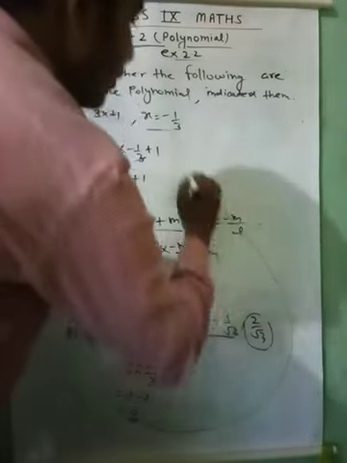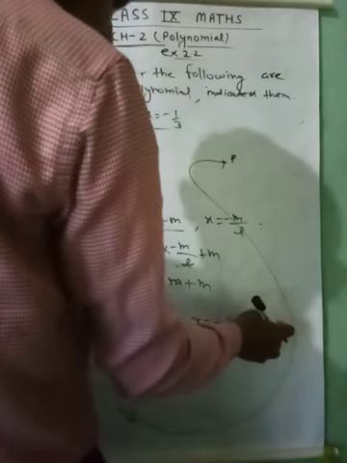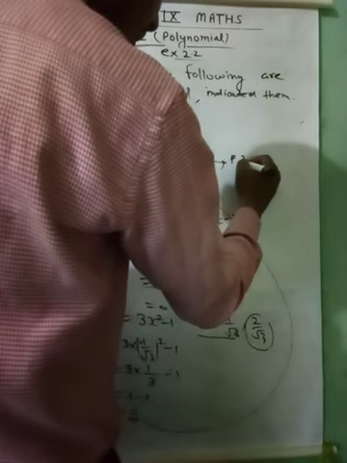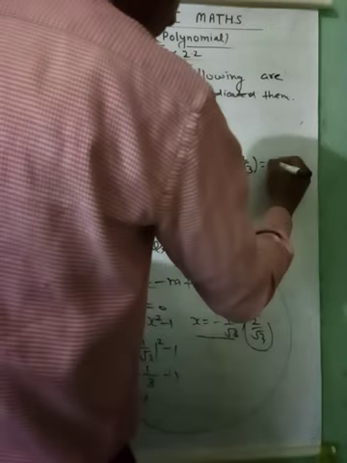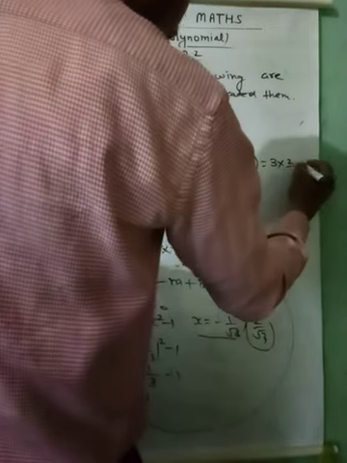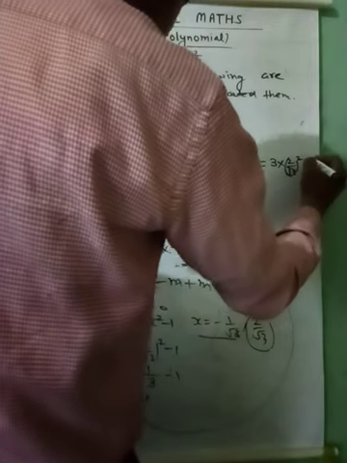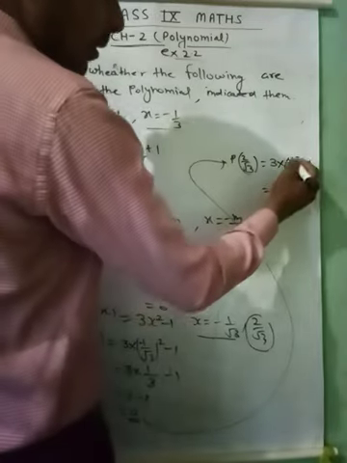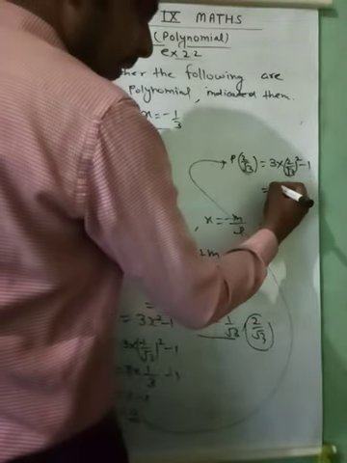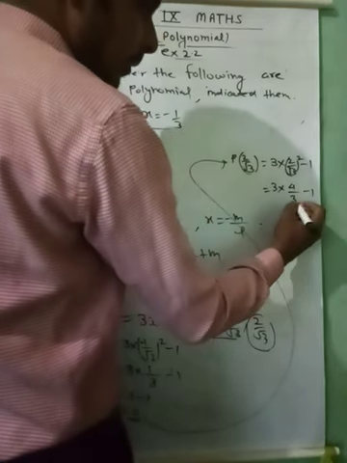Now see, suppose we put p of 2 by root 3 is equal to 3 into (2 by root 3) whole square minus 1. So we know that it is 3 into 4 by 3 minus 1.